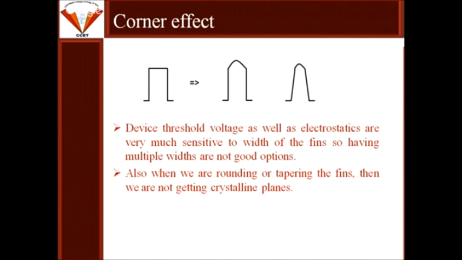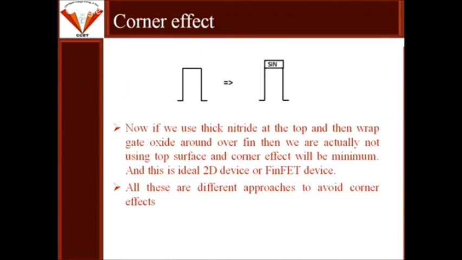Device threshold voltage as well as electrostatics are very sensitive to the width of the fins. So having multiple widths is not a good option. Also, when we are rounding or tapering the fin, we do not get the same type of crystalline plane all along the fin surface, and that is also a problem.